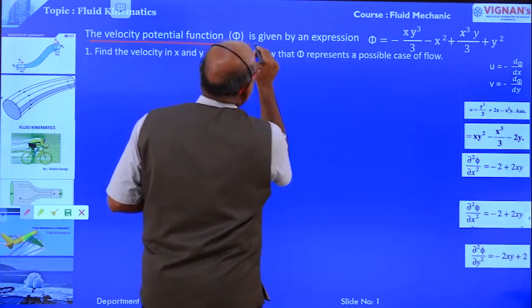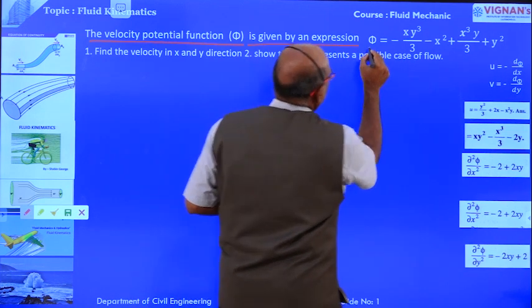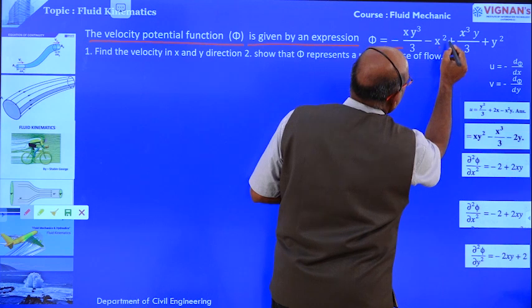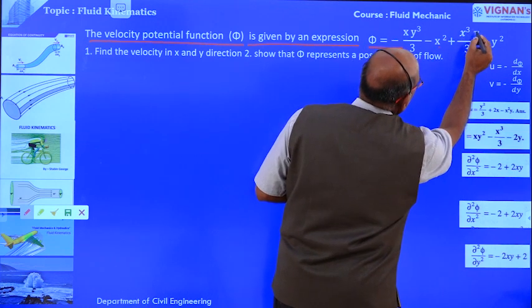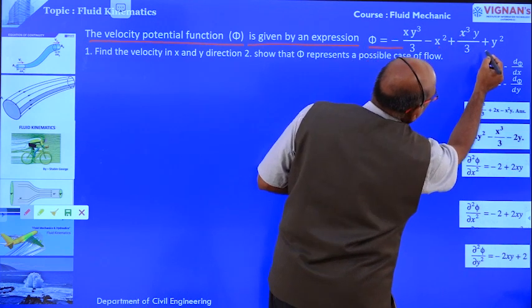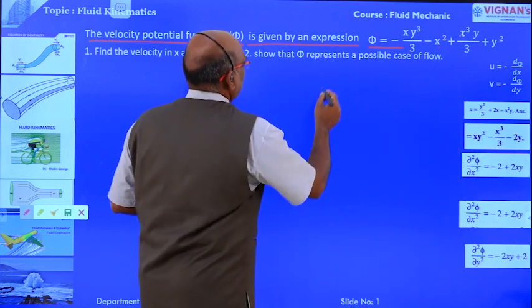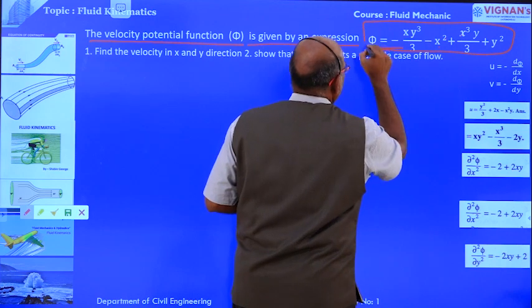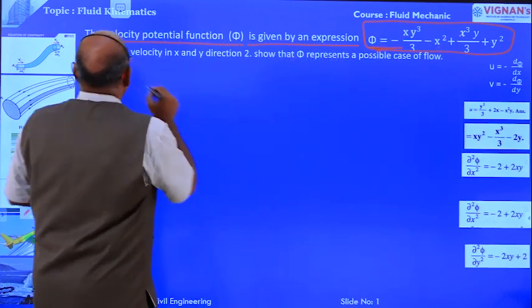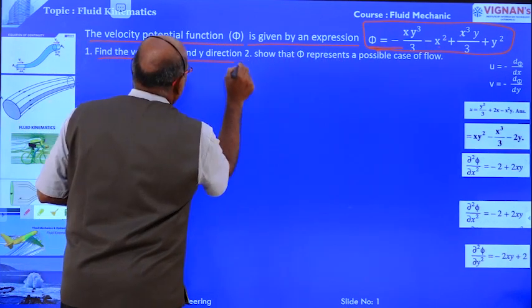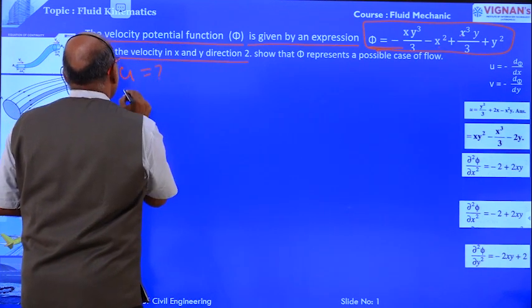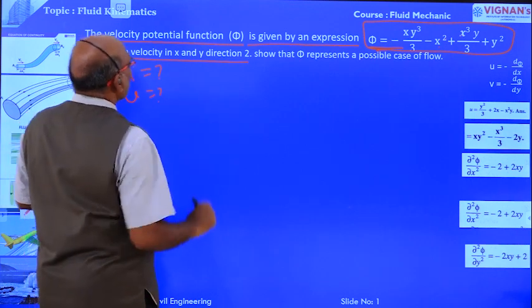The velocity potential function phi is given by the expression phi equal to xy cube by 3 minus x square plus x cube y by 3 plus y square. This is the given velocity potential function. Find the velocity in x and y direction, that means what is u and what is v.